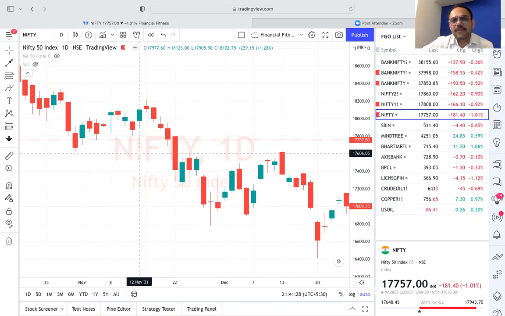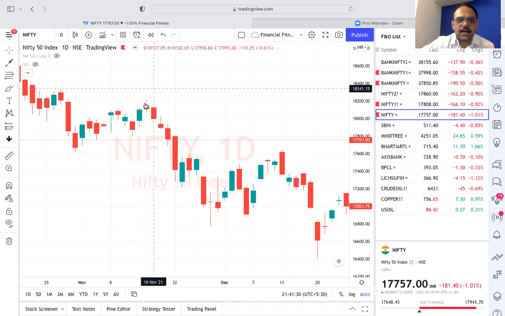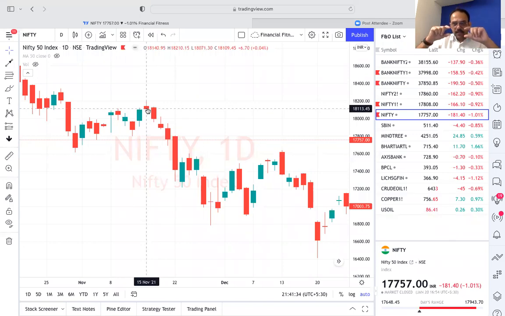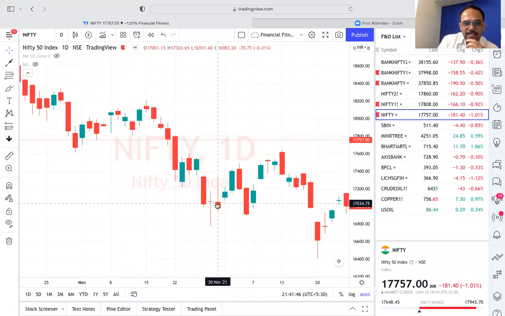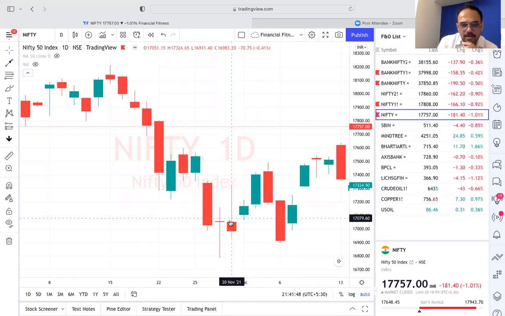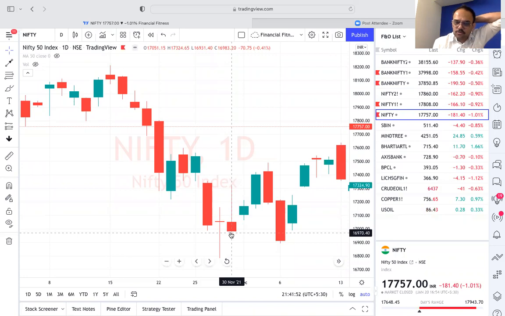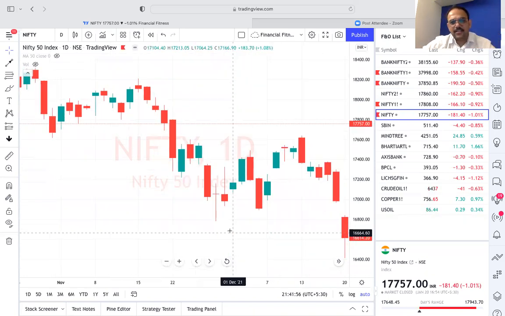That is a gravestone doji star actually. If the body is at the bottom, without a wick, they call it a gravestone.